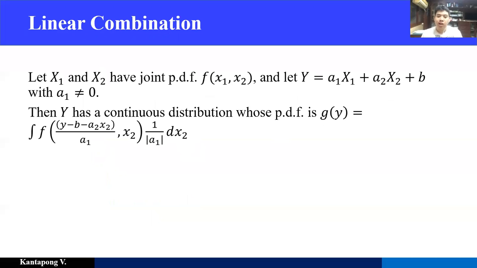So the special case is called the linear combination. If we have X1 and X2 with a joint distribution, and let Y be something like this, then Y has a continuous distribution whose PDF is the f of the inverse, the same formulas. So let's ignore X2 for this. If we know X2, then this one is equal to X1.